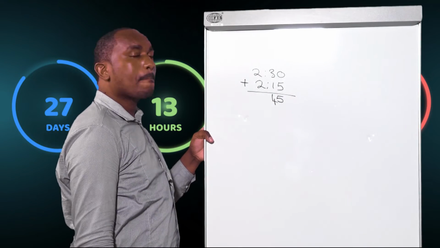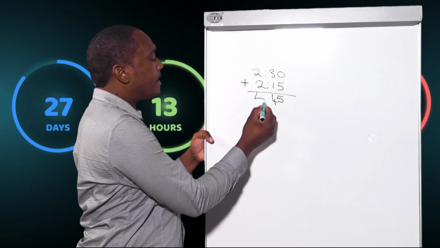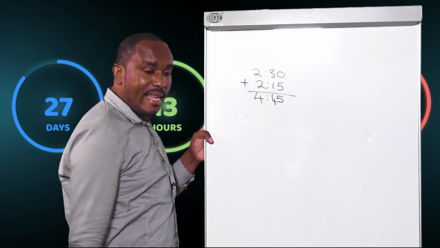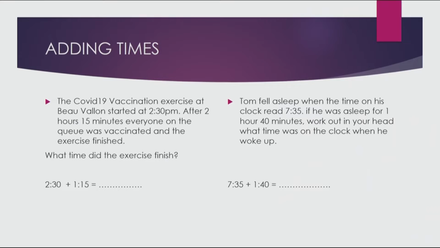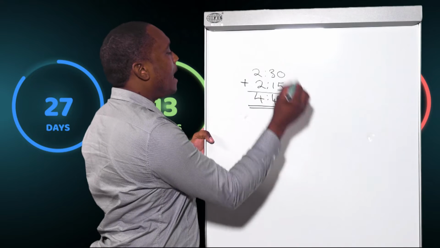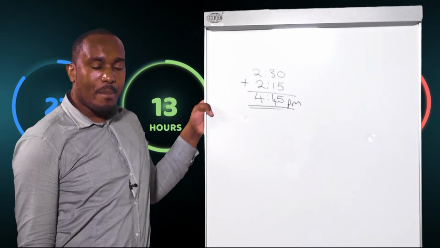Okay? And then 2 plus 2, it's 4. So it means this exercise ended at 4:45 p.m.